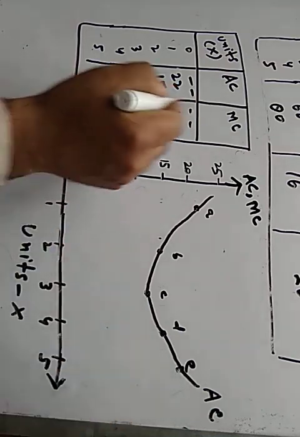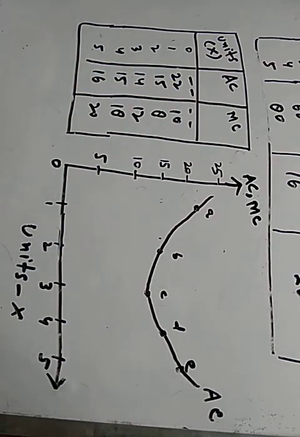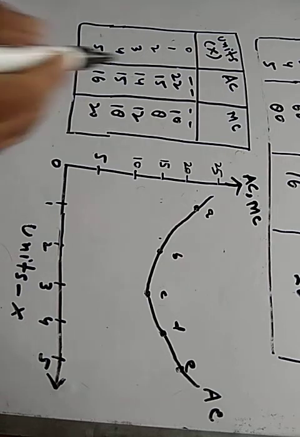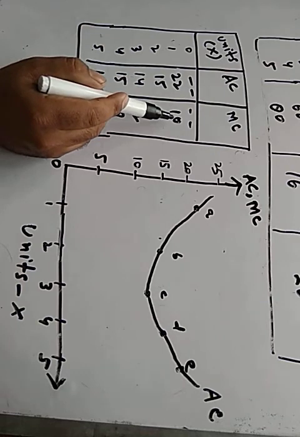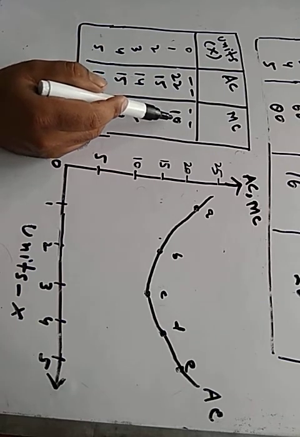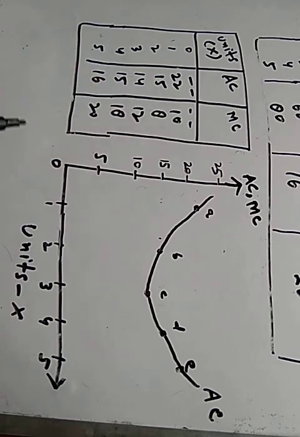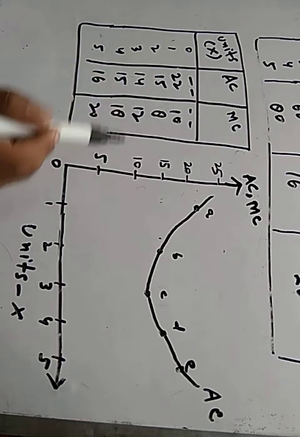Now based on the values of marginal cost, we will obtain the marginal cost curve. When the level of output is 1 unit, the value of marginal cost is 10 rupees.